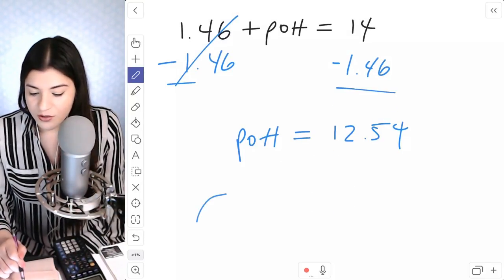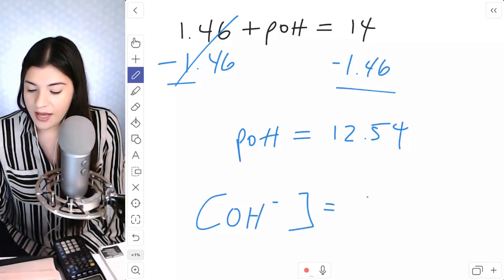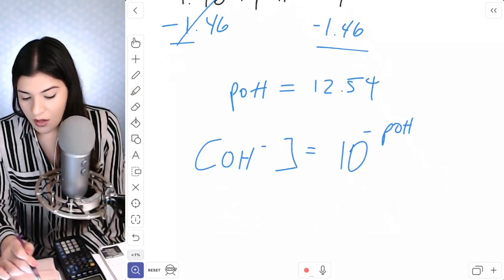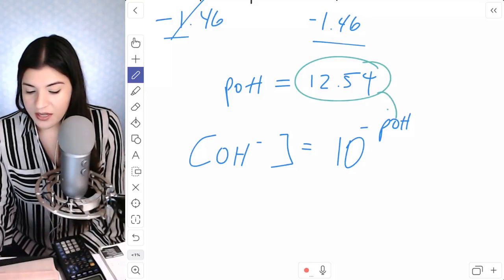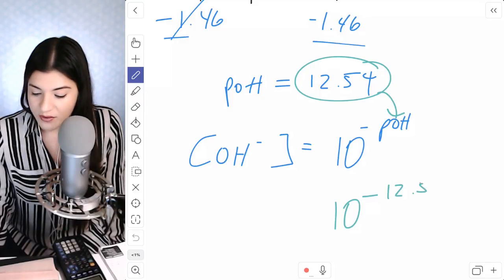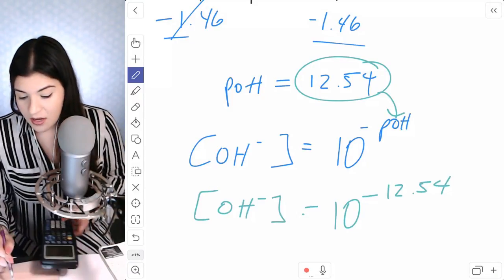Now to figure out our concentration of OH, this is going to be 10 raised to the negative pOH. So I'll just plug in that value that we just found. So I'll substitute that in here. And this is really now going to be 10 to the negative 12.54. And that's going to give us our concentration of our base.